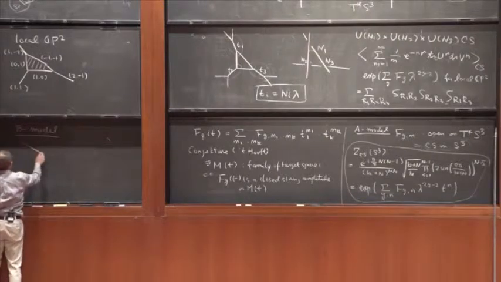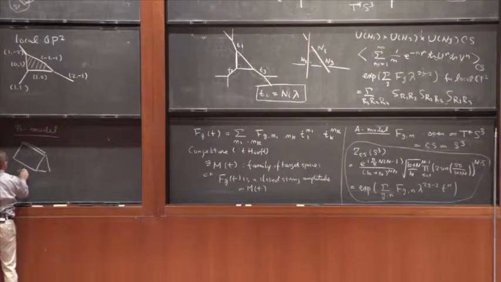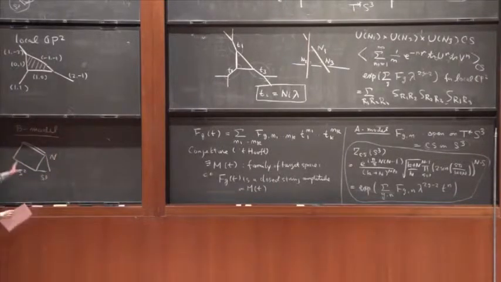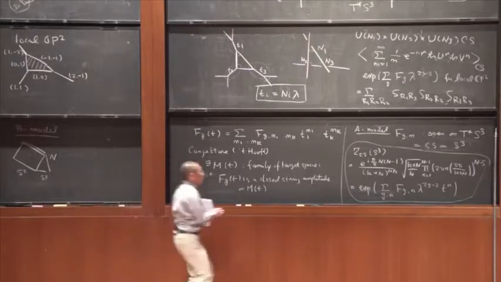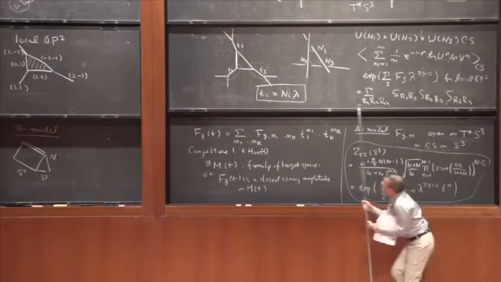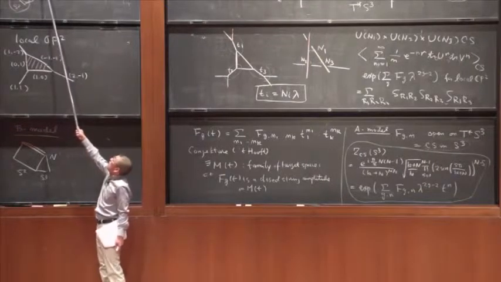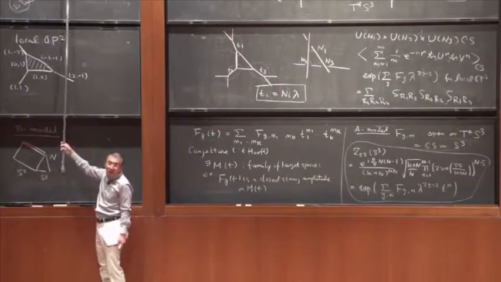So for example, if you have a resolved conifold, well, S2 and S3, then you can wrap N D-branes now on this S2 side. Previously, we deformed the conifold, put N D-branes on the deformed conifold, and that gave rise to Chern-Simons theory.